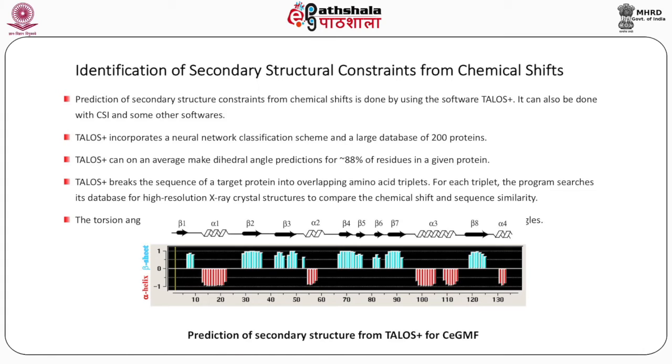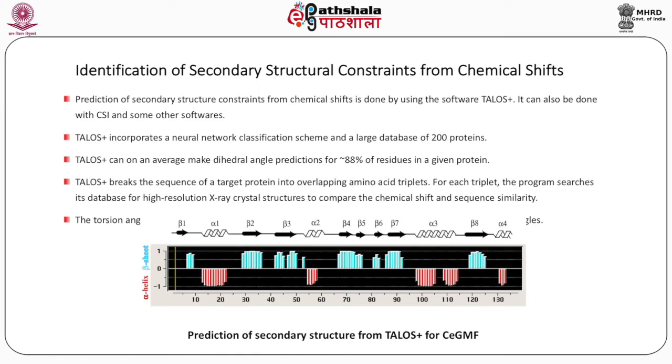Identification of secondary structural constraints from chemical shifts. Prediction of secondary structure elements and constraints from chemical shifts is done by using the software TALOS+.